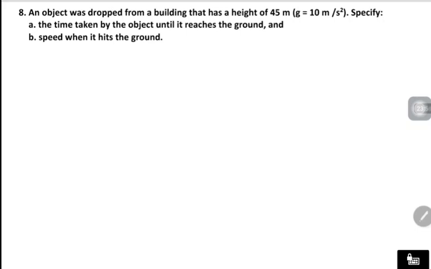Okay, we draw the situation. If this object falls to the ground, the object will travel a distance of 45 meters.